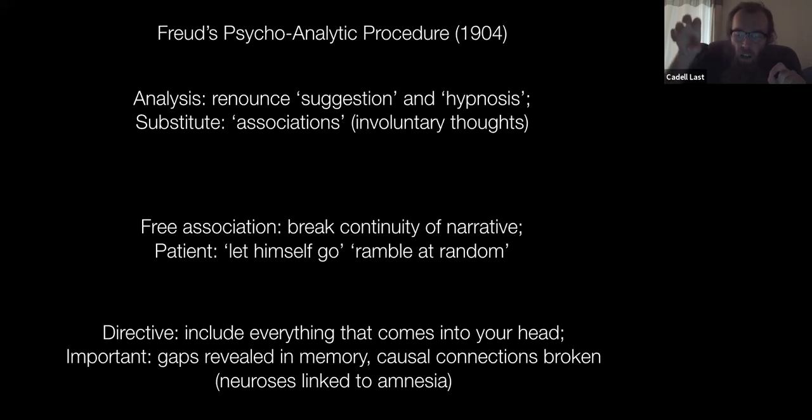So the hypothesis is that in the subject, there are amnesic gaps of history which are linked to the neuroses, and the structure of these gaps and of this amnesia is the way it is basically because the trauma or the negative excitation is too much for the ego to deal with, the contradictory, incompatible ideas. So they need to be censored in order for the ego to function basically.